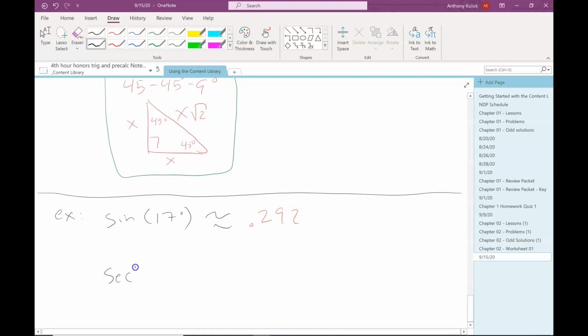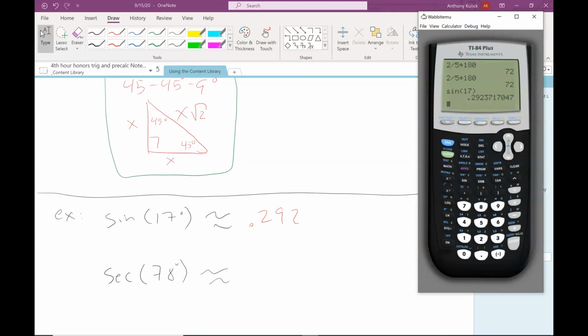What if I wanted secant of 78 degrees? Do I have a secant button on my calculator? No. What do I do then? I don't use inverse cosine. You're close though. I'm going to do cosine and then take the reciprocal.